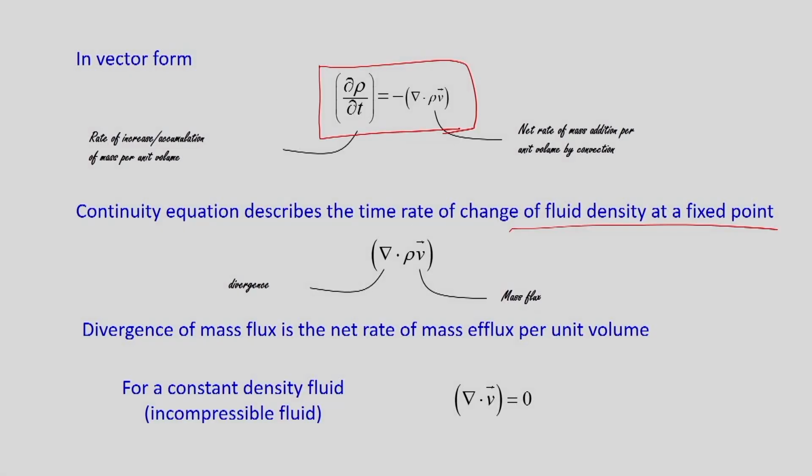For a constant density system like incompressible fluids, this continuity equation can also be written as del dot v is equal to 0, or divergence of velocity is equal to 0.